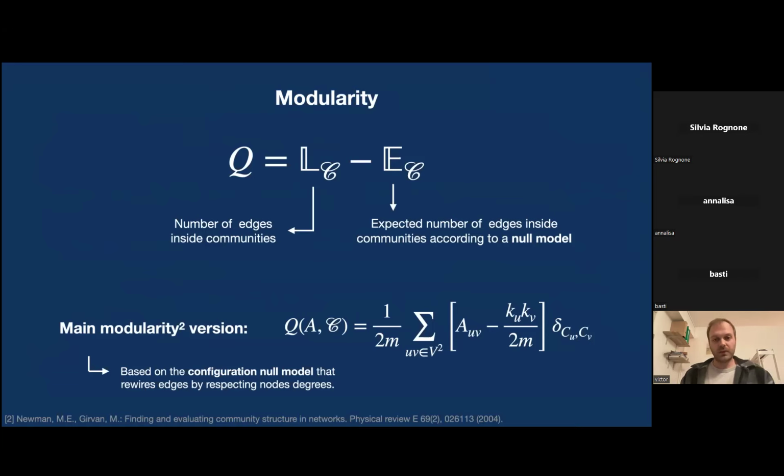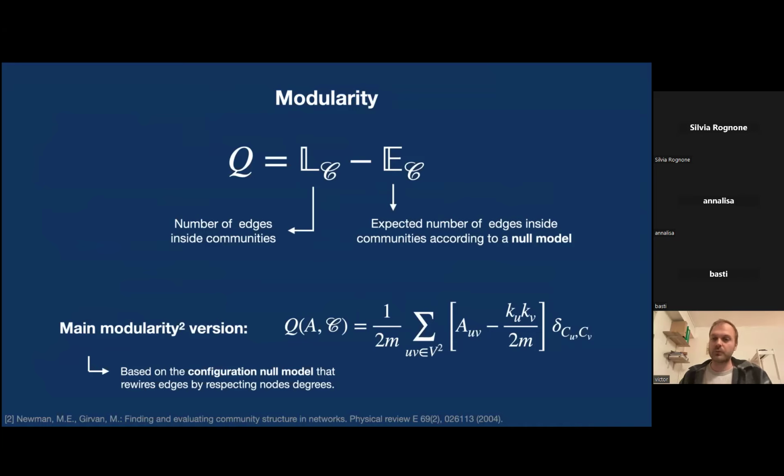Basically, it is the difference between the number of edges you have inside communities and the expected number of edges. And the expected number always depends on a null model. A null model is a naive random model that could have generated the graph that we observe.